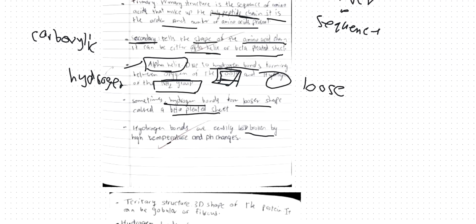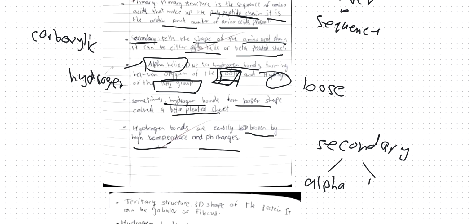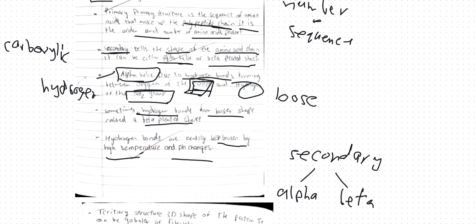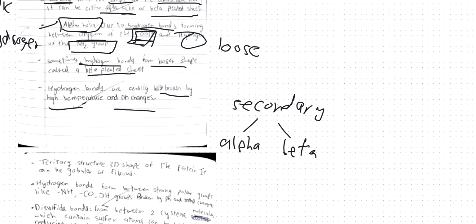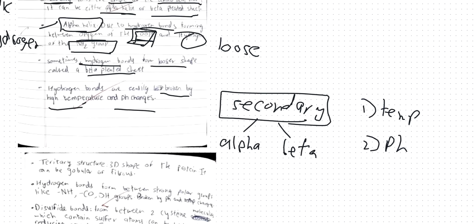So if you have a change in temperature or a change in pH, both of these can change the structure of secondary structures.